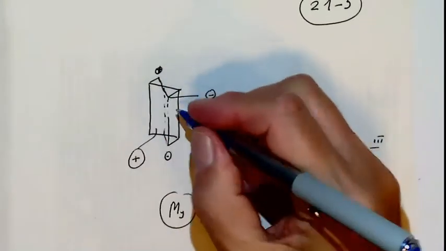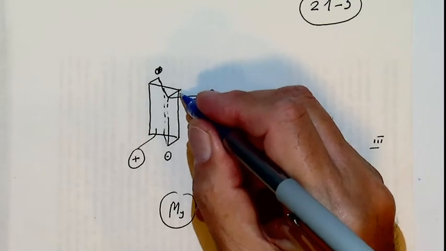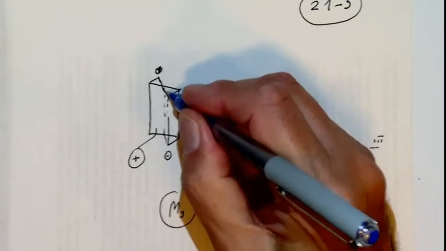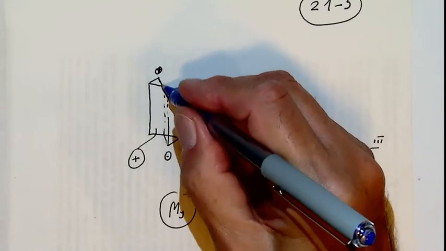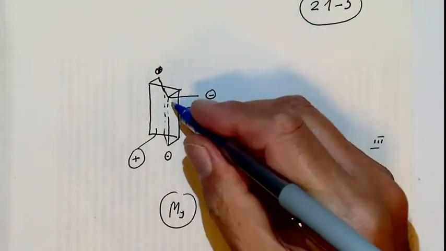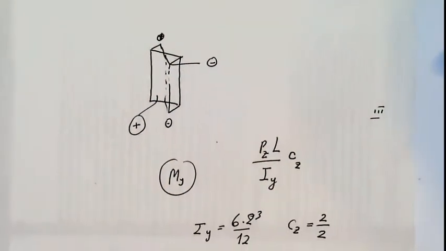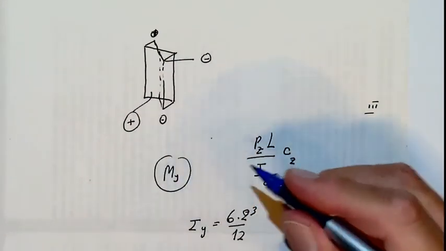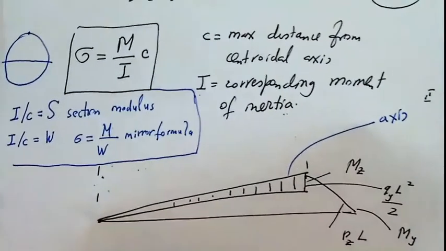So now stresses are like this. That is a cross-sectional area, that is compression, then that is a neutral axis, goes to different values. That is a straight line. So that is minus and minus, here is plus and plus. So that is My. So here stresses are equal.